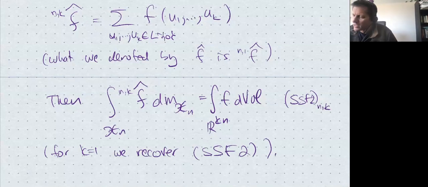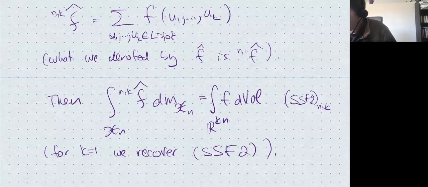This appeared in the same paper of Siegel in which the Siegel summation formula was proved, and the proof is basically the same. In terms of Siegel's approach, the proof that I gave last week and the week before was not exactly Siegel's proof. It was related to Siegel's proof.